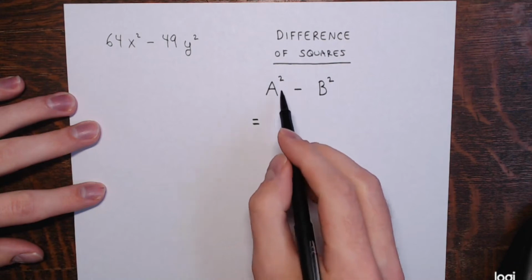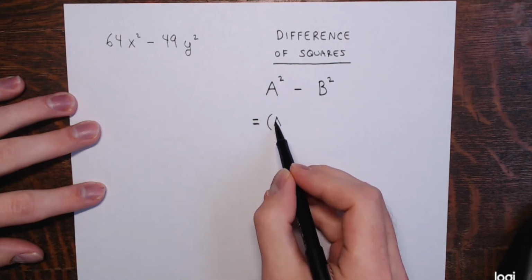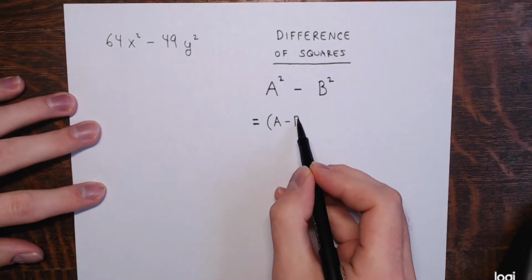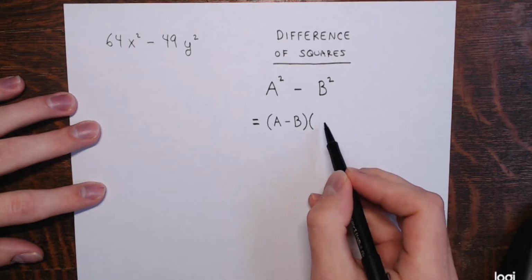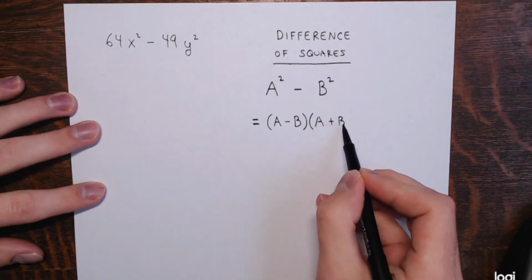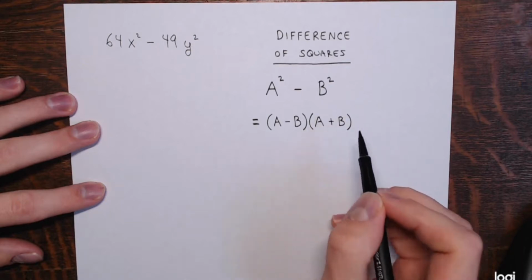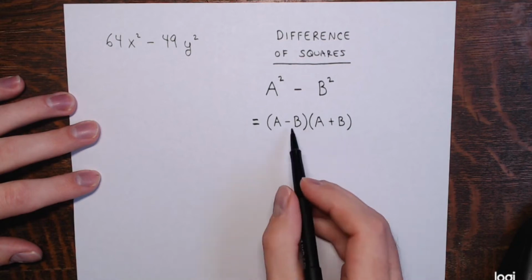A squared minus b squared is a minus b multiplied by a plus b, or a plus b times a minus b. It's a sum times a difference.